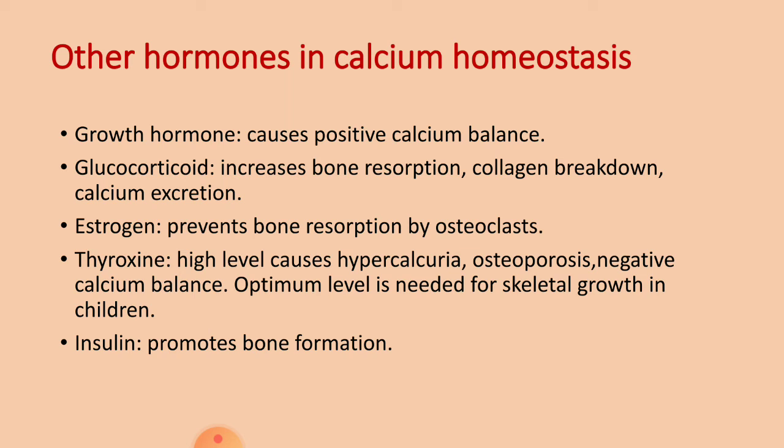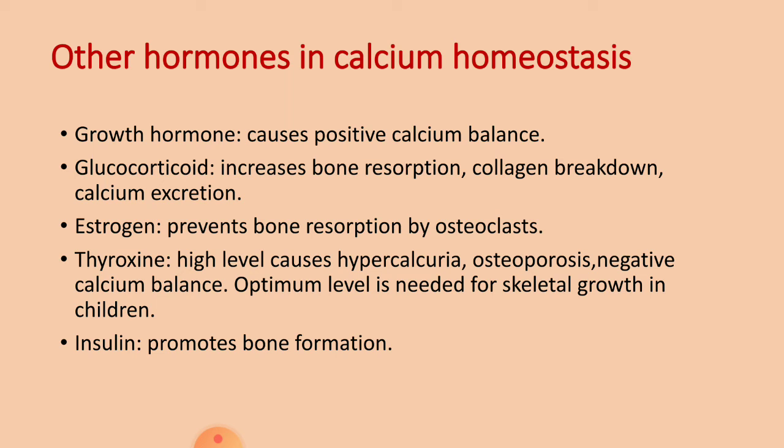On the other hand, hyperthyroidism, that is excessive secretion of thyroid hormone, may be associated with hypercalcemia, hypercalciuria and osteoporosis, excessive liberation of bone calcium. So, this is thyroxine. Optimum level is needed, neither hyper nor hypo, for proper skeletal growth and maintenance.